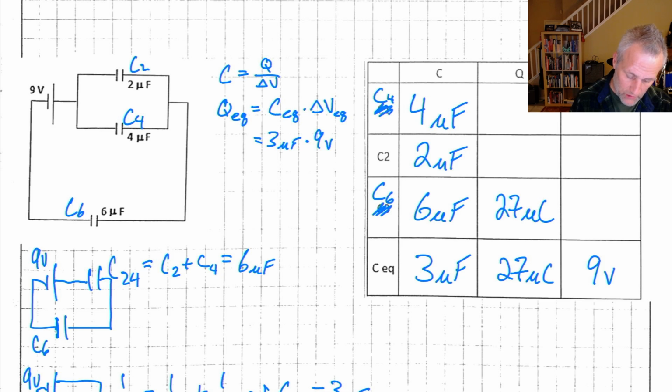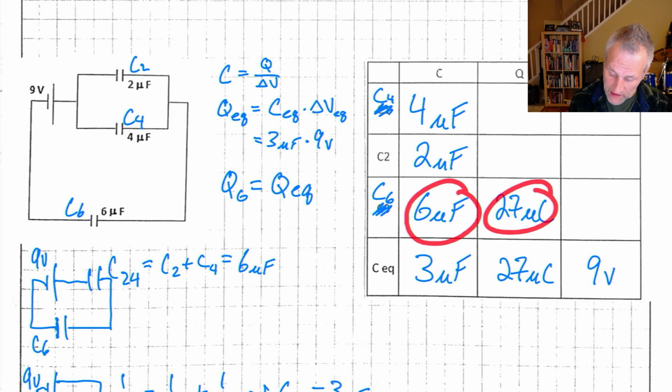So I know Q6 equals Q EQ. Now that I know 2 of these, I can find the third one again by using this kind of relationship. In this case, I'm looking for a voltage, right?